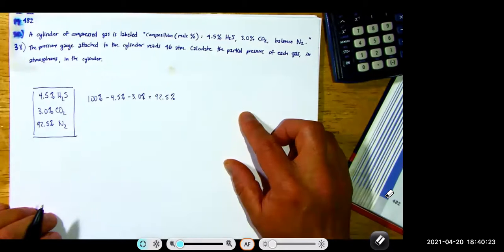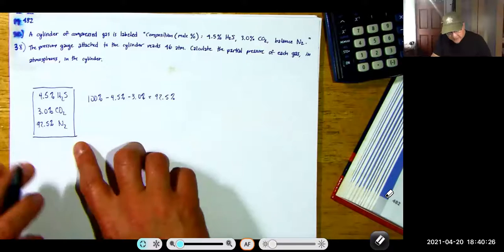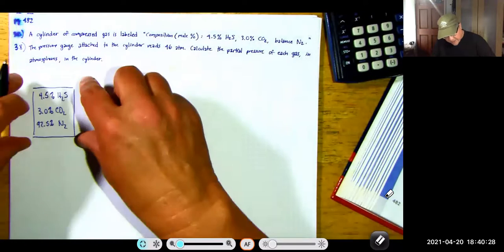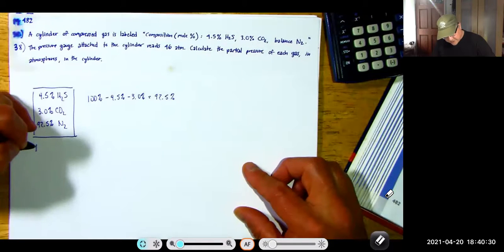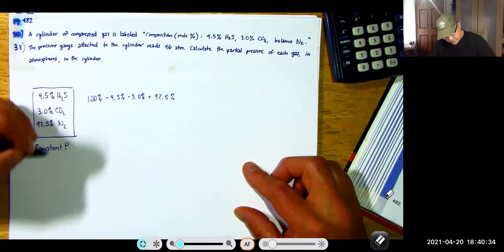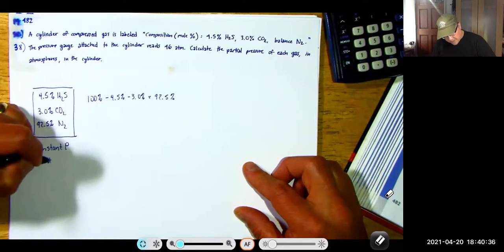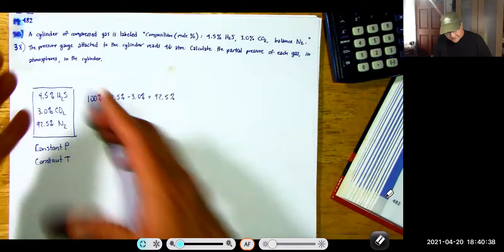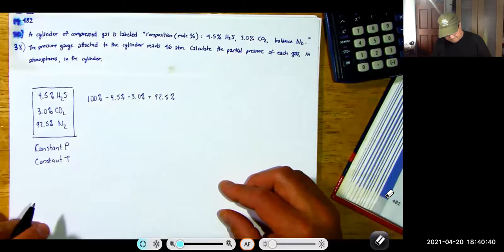Okay. So this is a closed system. So we have constant pressure, constant temp for all practical purposes, or they're all at the same temp, right? And they're all at the same pressure.